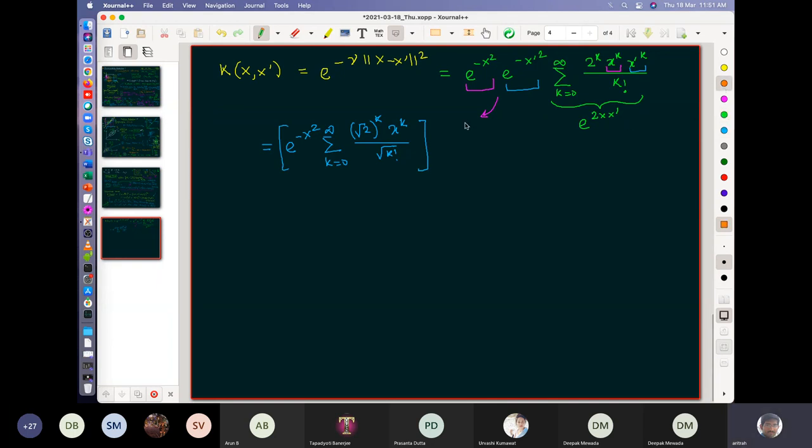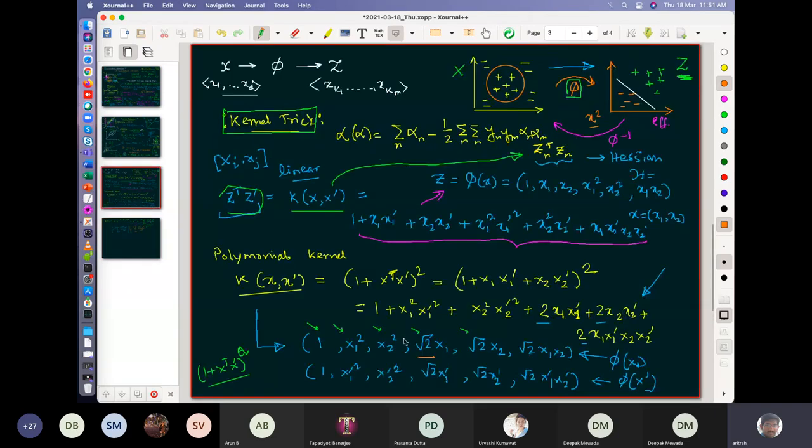The other part of the inner product, as I mentioned, is e to the power minus x dash square. See, these are constants. I can put them in any way. So just to make sure, see here what we are doing: this is the overall kernel.